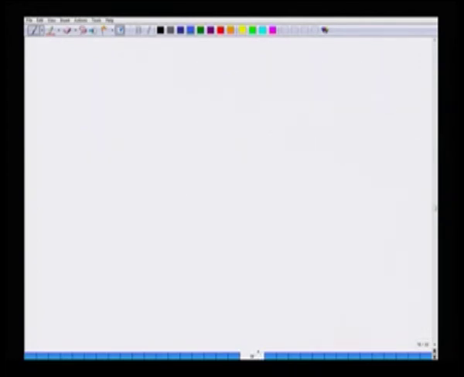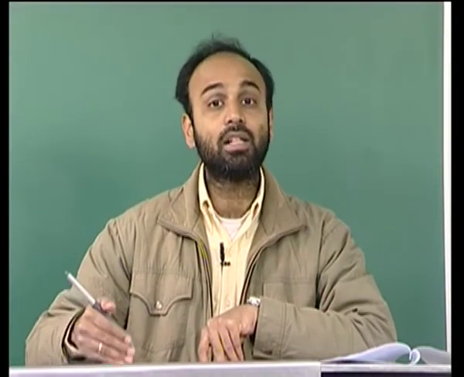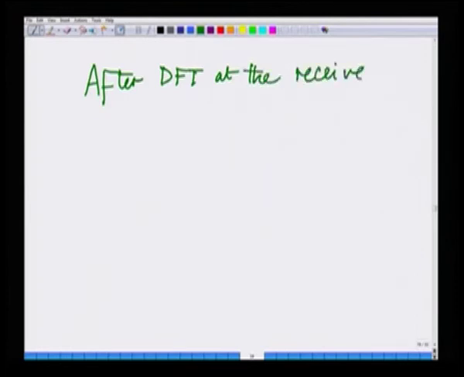Now, let us consider a DFT. What happens when we take an FFT of these received symbols with a carrier frequency offset at the receiver? Similar to what we did before, we want to compute Y_L, the received symbol across the Lth subcarrier.